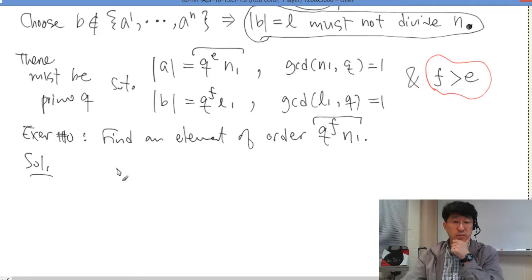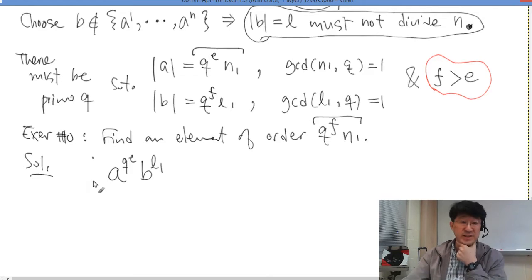Right. So a to the what power? q to the e, thank you. b times b to the L1, that's right. This one has order q to the f and n1, right?